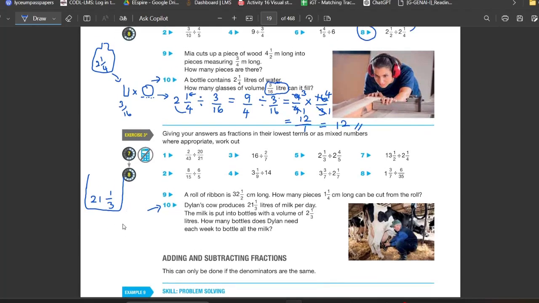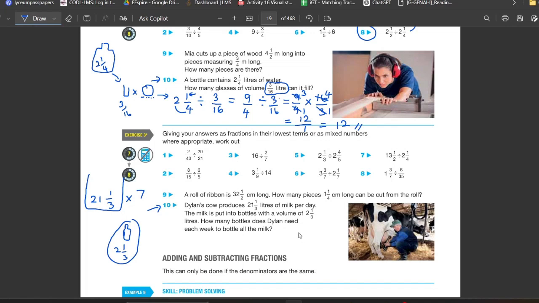We want to fill bottles with the volume 2 and 1 over 3. How many bottles does Dylan need each week to bottle all the milk? This is the per day volume that the cow produces. So we want to calculate for a week, then we have to multiply this by 7 and divide it by the bottle's volume.